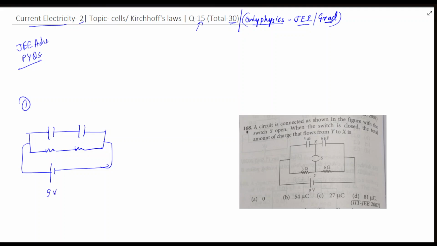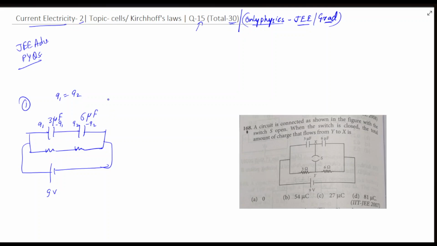So we have a 9-volt battery, and this will be 3 microfarad and this is 6 microfarad. The 9 volt is dropped across them and they will have the same charge. So I'll write it as Q1, minus Q1, and this will be Q2, minus Q2. We know Q1 and Q2 will be equal, so Q1 equals Q2.